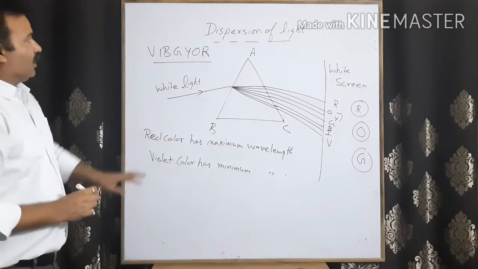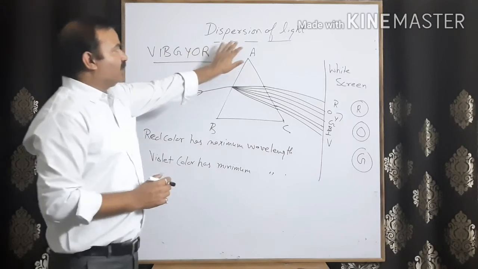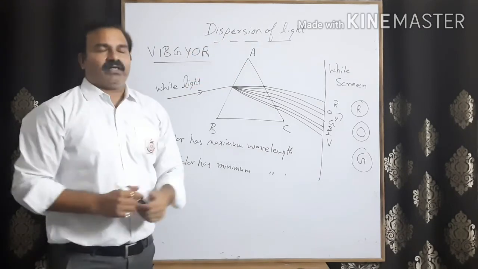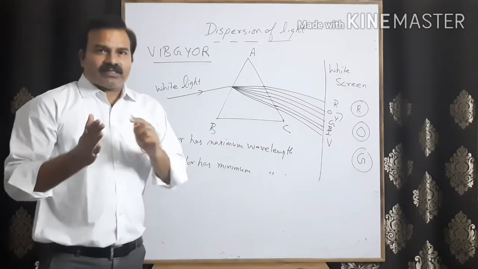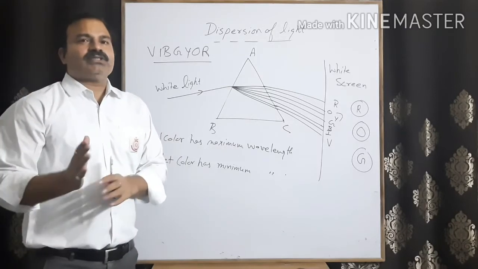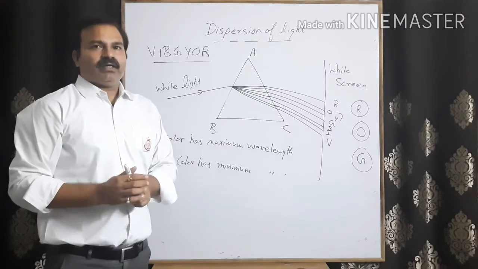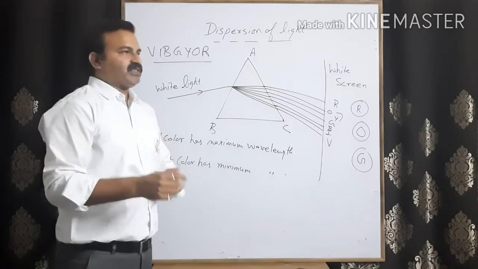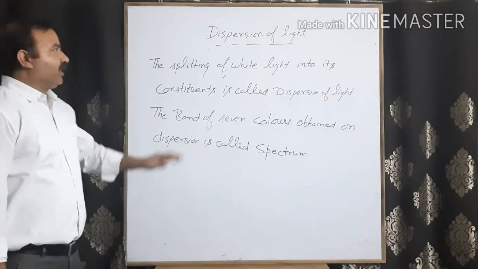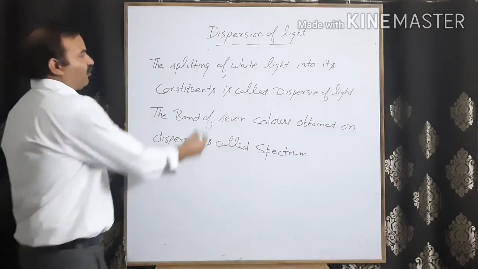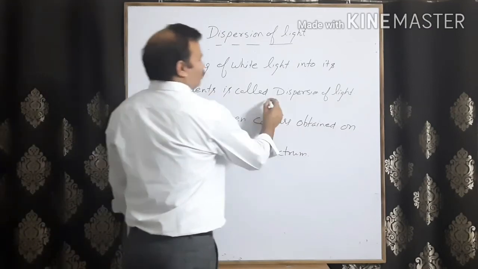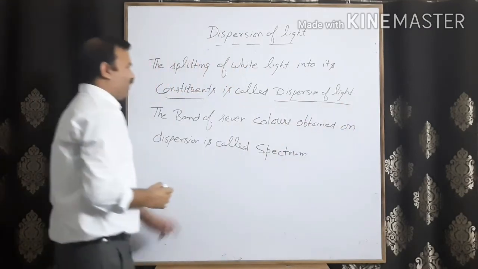Now, once again I'll tell you the definition of dispersion. The splitting of white light into its constituent colors is known as dispersion. I'll write the definition for you. This is the definition: the splitting of white light into its constituents is called the dispersion of light.